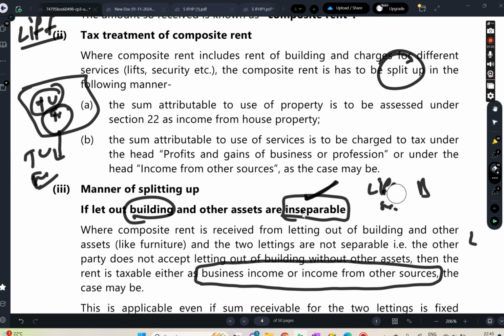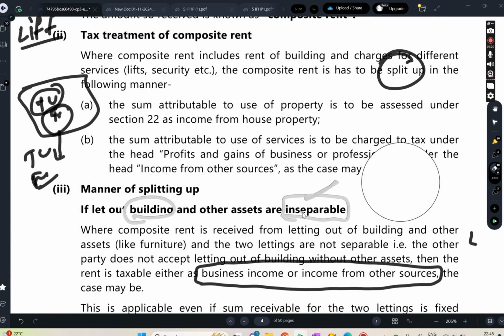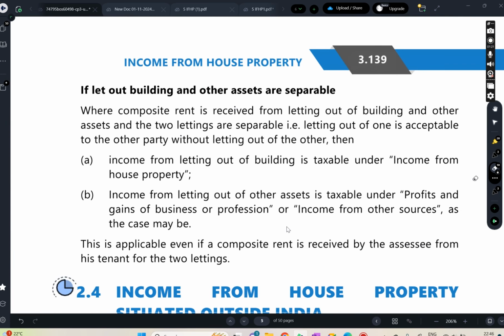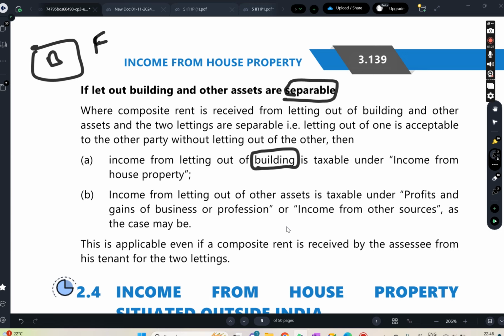If it is separable, you do one thing. Whatever money you are getting because of the building, let's say I am getting money for the building, and I have also given furniture like TV, sofa and all those things, and for furniture also I am getting money. Then whatever other assets you have given for rent, you charge that under PGBP or IFOS.